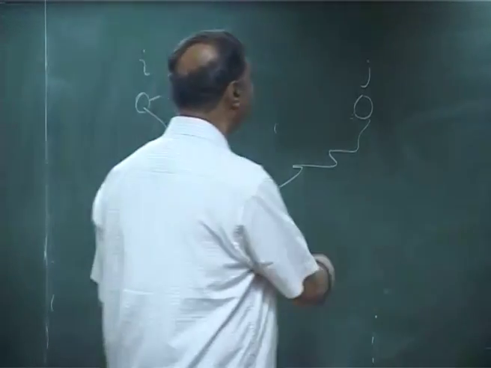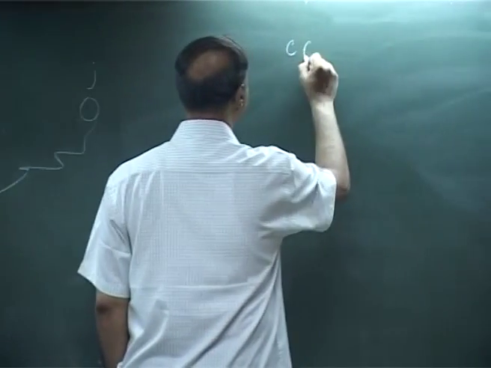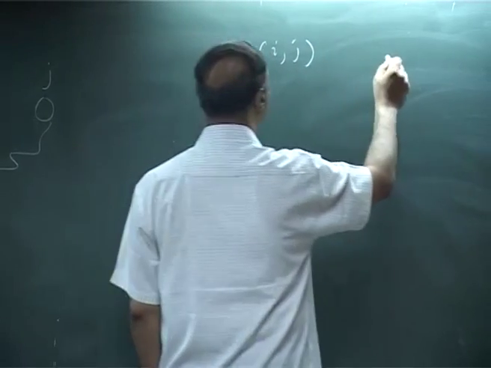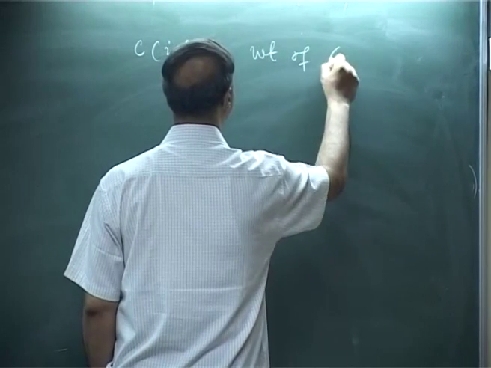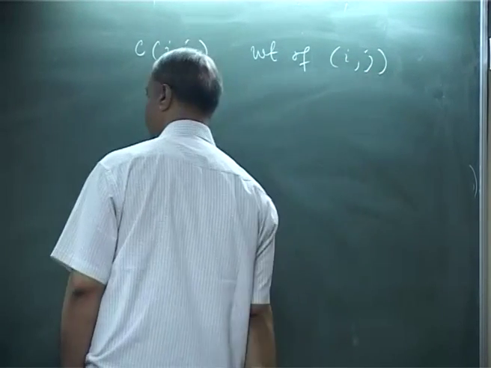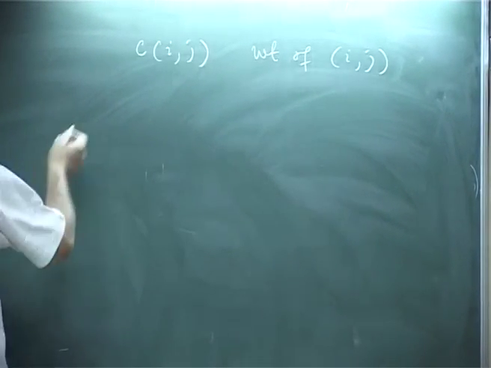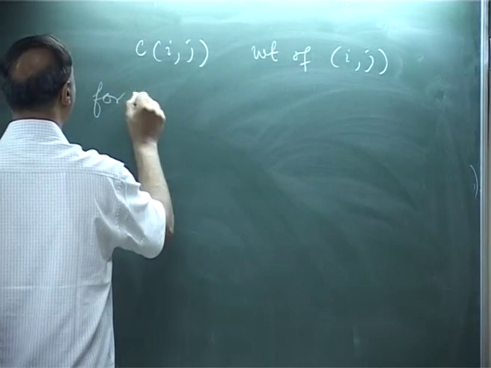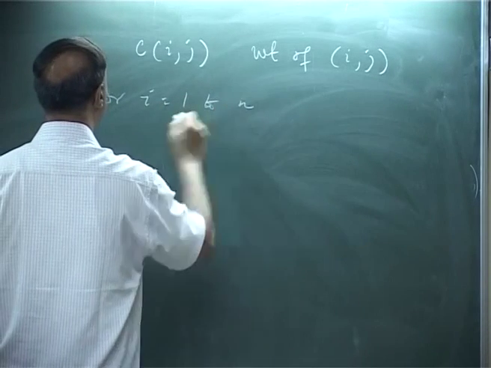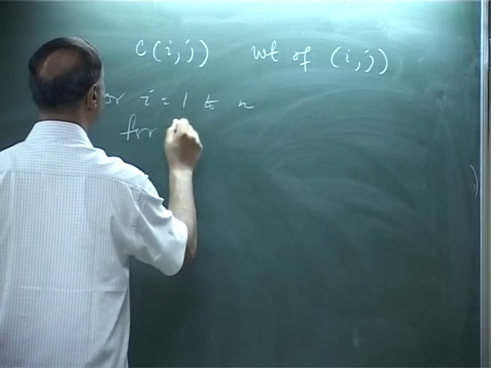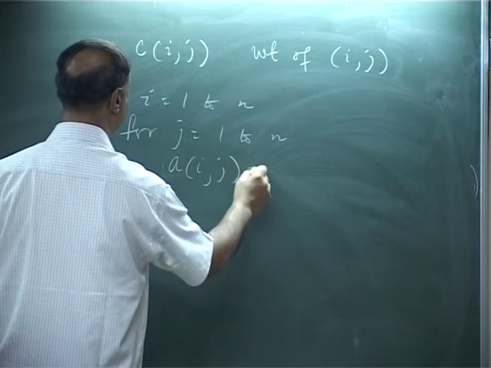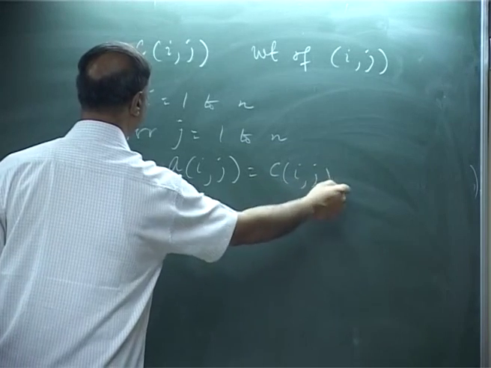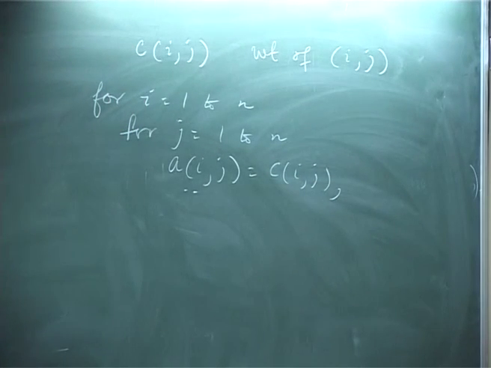In order to write this algorithm, suppose Cij is the weight or cost of the edge ij. Now I don't want to touch this one, so I write for i equals 1 to n, for j equals 1 to n, Aij is Cij, and we'll update this Aij matrix for our work.